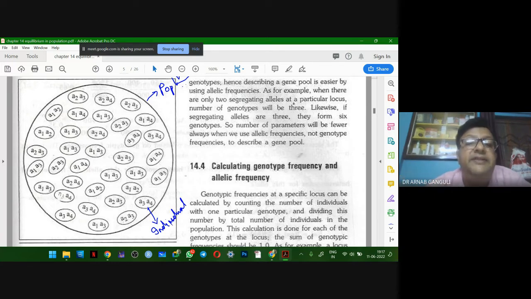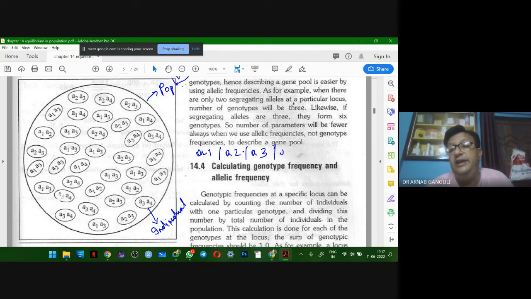Now, in this individual, you can see four types of alleles: A1, A2, A3, A4. You can think of this as eye color also. A1 is brown eyes, A2 is for blue eyes, A3 is for green eyes, A4 is for gray eyes.